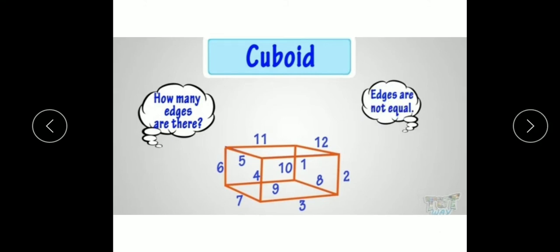And the most important thing is, in a cuboid, edges are not equal. Children, in a cube, edges are equal. But in a cuboid, edges are not equal. This is the basic difference between a cube and a cuboid.